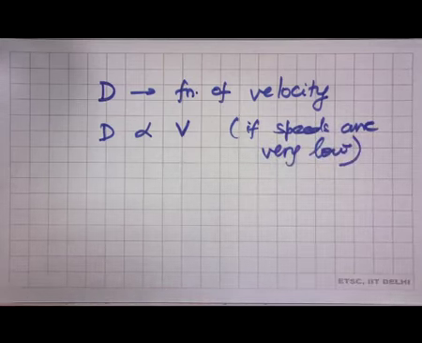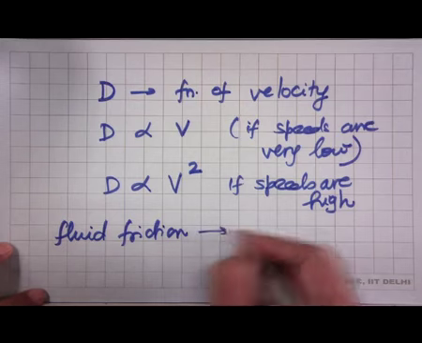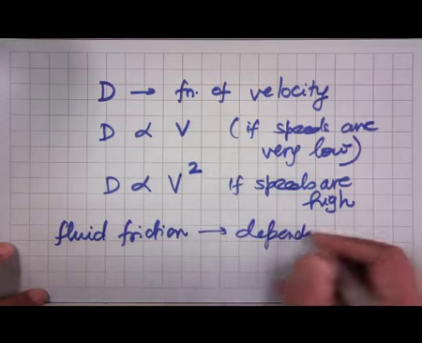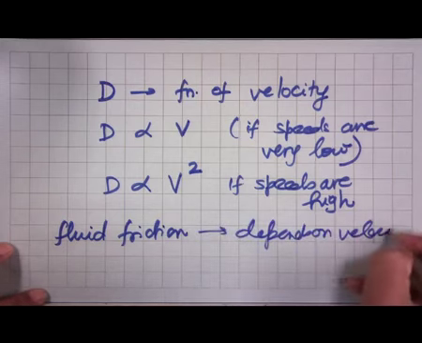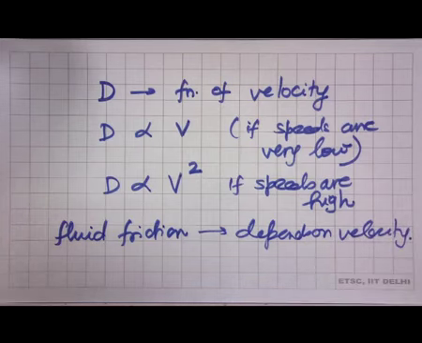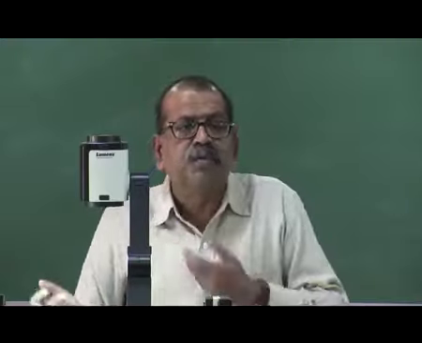Therefore, in a general way we can say that the drag force is a function of velocity. So, fluid friction, when we talk of friction due to fluid on a solid body, depends on velocity, and it opposes the motion of the body.